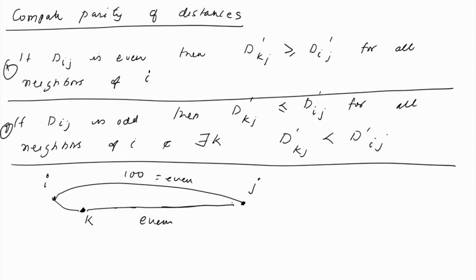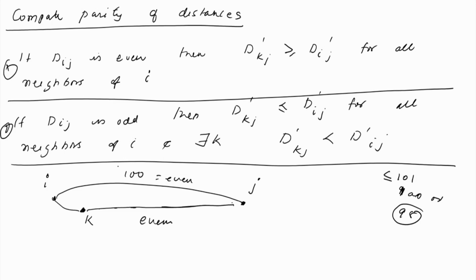Now, this shortest path from k to j has length certainly less than or equal to 101, because there is surely a path of length 101. And if we additionally assume that this shortest path was of even length, then it can only be 100, because if it is 98, there is a problem: there would be a path from i to j whose length is only 100.